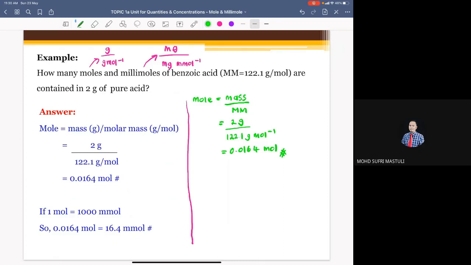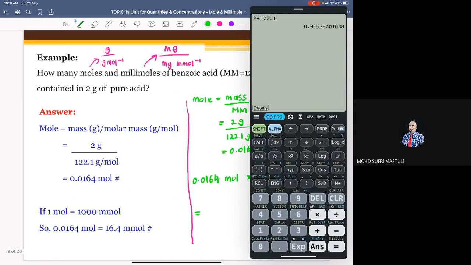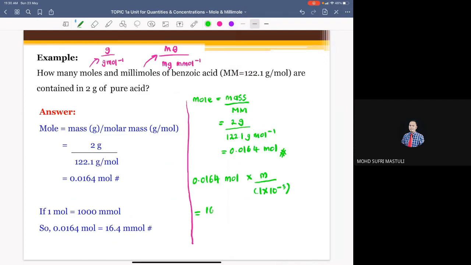So you can convert this 0.0164 mole to millimole. Milli is 10 to the power of minus 3. So 0.0164 divided by 10 to the power of minus 3 is equivalent to 16.4 millimole.